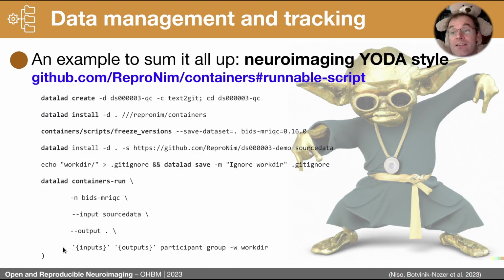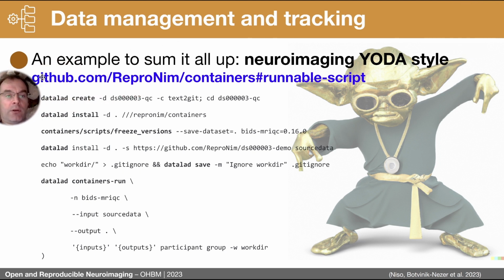And as an exercise, I'll present to you a full YODA-style neuroimaging analysis done in this one slide, in which we first create a dataset. Let me just use myself as a pointer. So you could create a dataset in which you configure immediately that, let's say, text files will go into Git and only binary files will go into Annex.